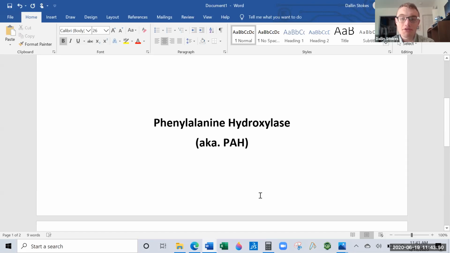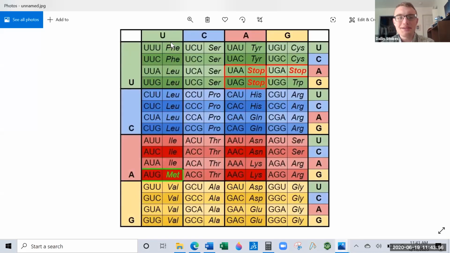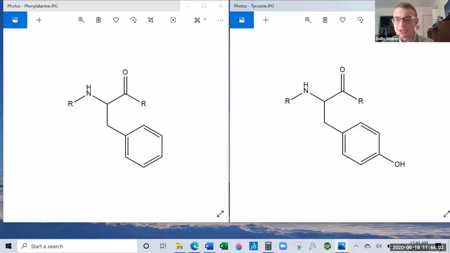Anyway, the job of this protein, phenylalanine hydroxylase, is to take this amino acid phenylalanine and turn it into tyrosine. If you look over here, so you don't need to know these. These are the molecular structures of the 2 amino acids. So this one on the left is phenylalanine. This one on the right is the amino acid tyrosine.